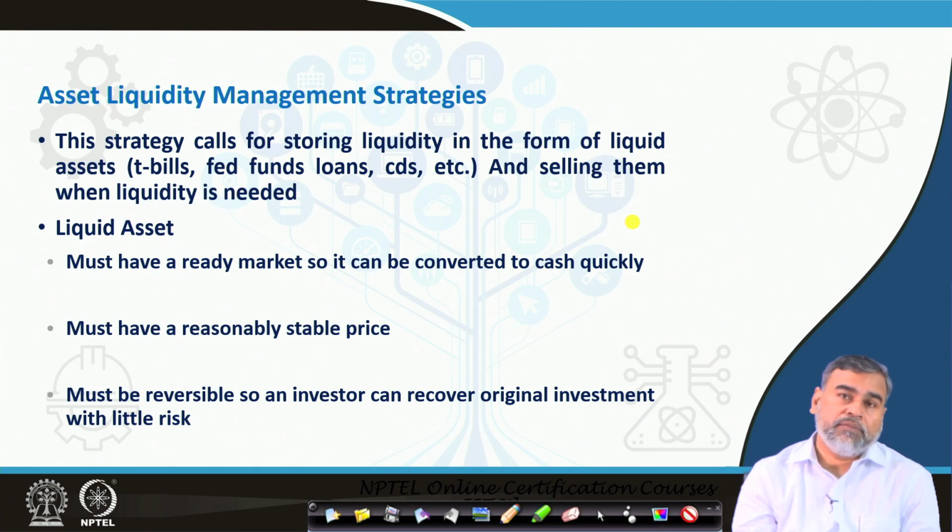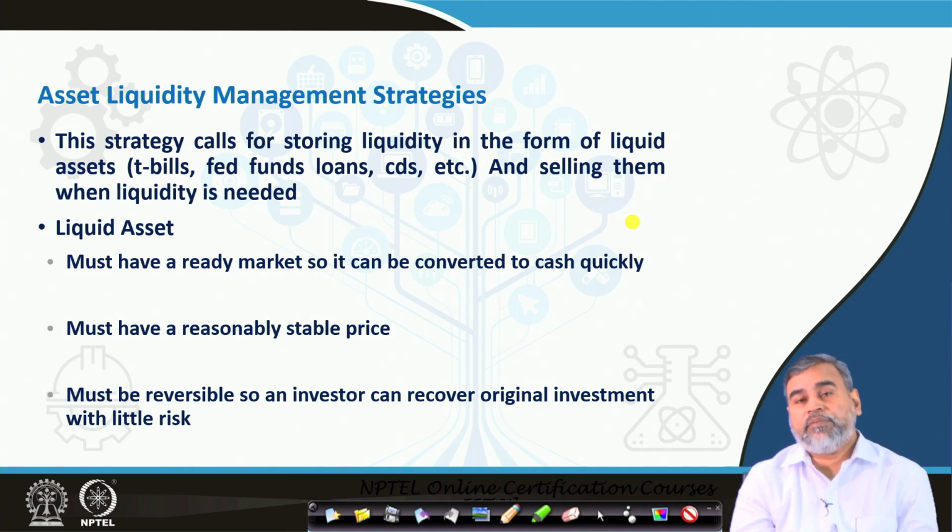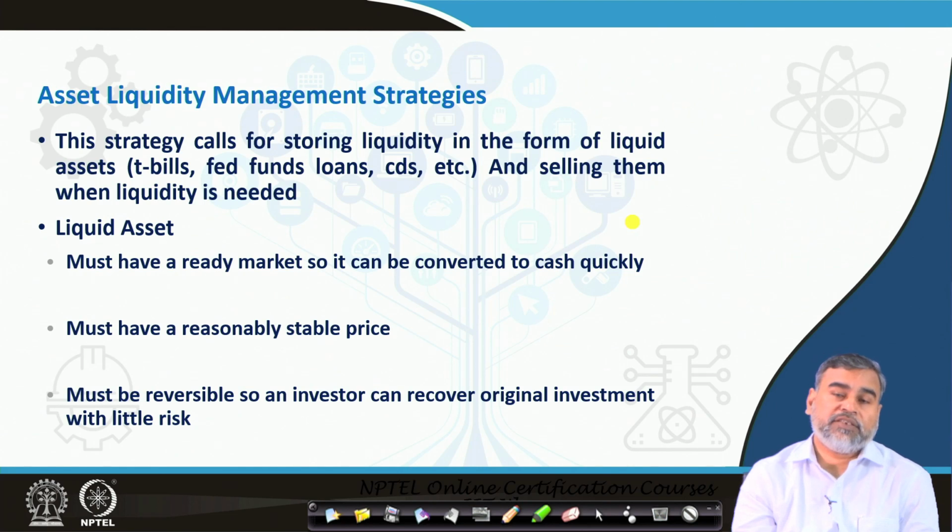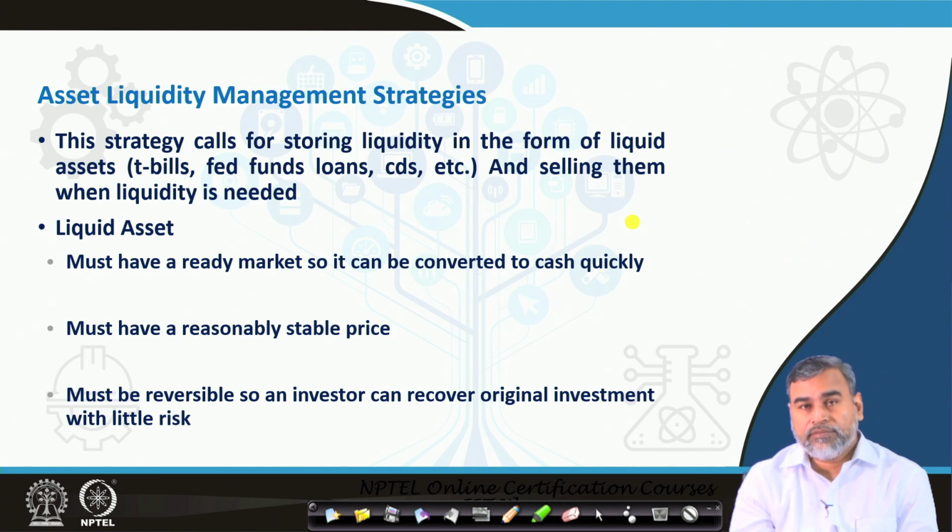Another major characteristic of a liquid asset is that it must have a reasonably stable price. Stable price means that market fluctuations are not going to drastically change the price of that particular asset, nor will changes in other macroeconomic fundamentals linked to that asset drastically move it from its equilibrium price.